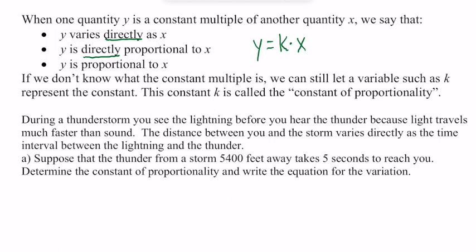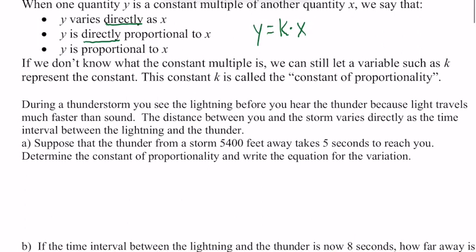Let's read this problem and see how this is going to work. It says, during a thunderstorm, you see the lightning before you hear the thunder because light travels much faster than sound. The distance between you and the storm varies directly as the time interval between the lightning and the thunder. Without even reading the rest of the problem, I can go ahead and write my basic equation to describe this situation.